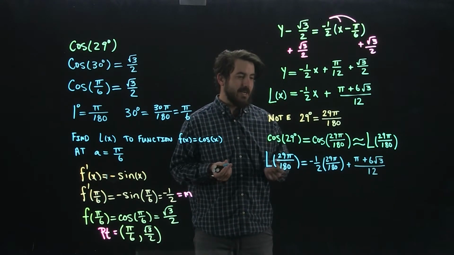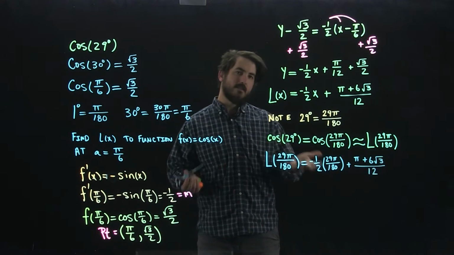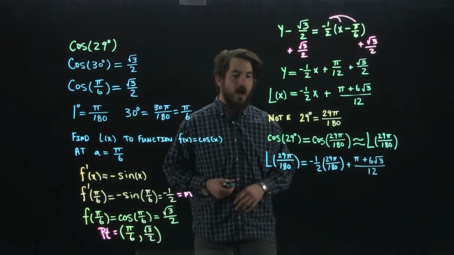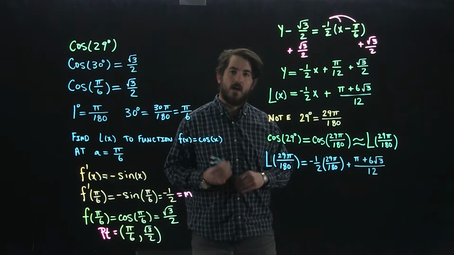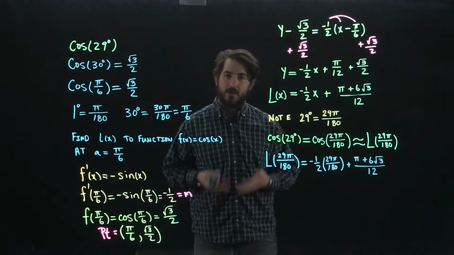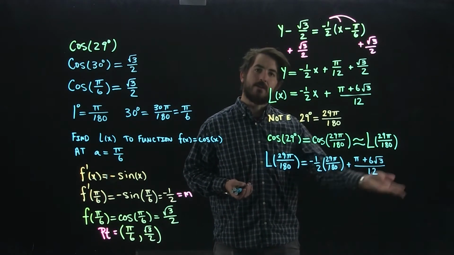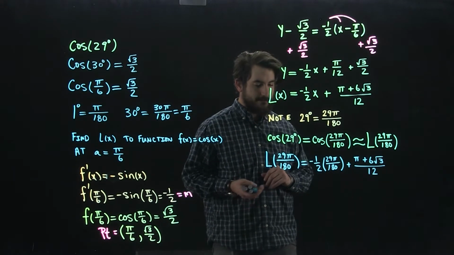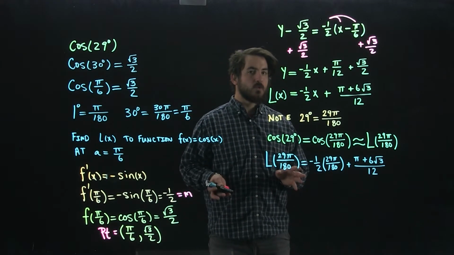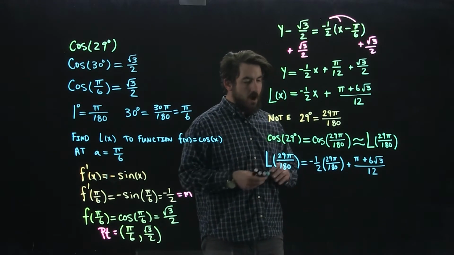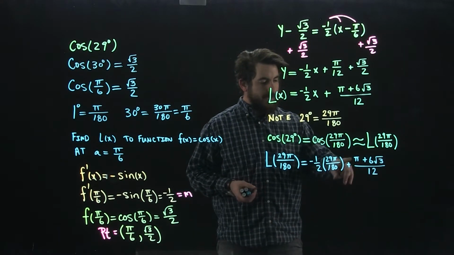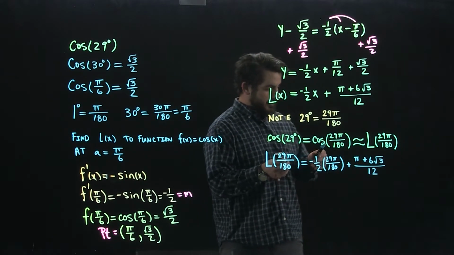Now, you should be looking at this and saying, well, how does this make my calculation easier? I could just plug cosine of 29 into a calculator and be done. I would probably need to use the same calculator just to calculate this. So I want to take this one step further and say, all right, this can be reduced.